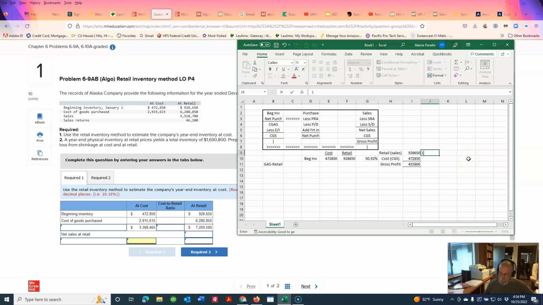Now, when we apply percentages to this short equation, the numerator is the amount that we are... let me backtrack there for a second.